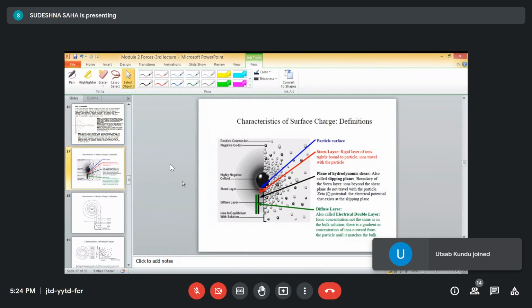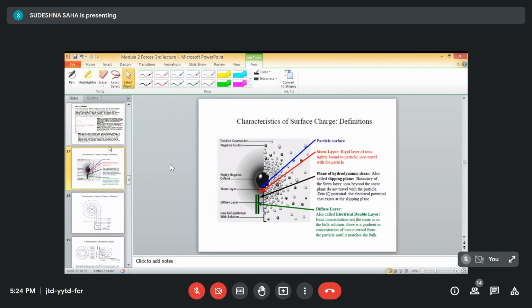Next, after this discussion, we move towards the surface charge, and from there we will talk about zeta potential. Just look at this figure. This is the surface, the particle, and we are thinking that this particle has some kind of charge.